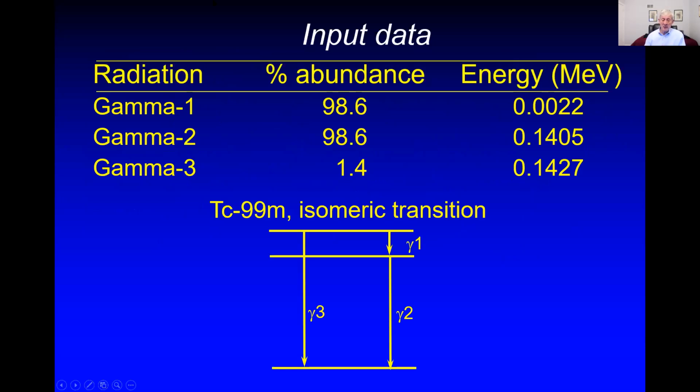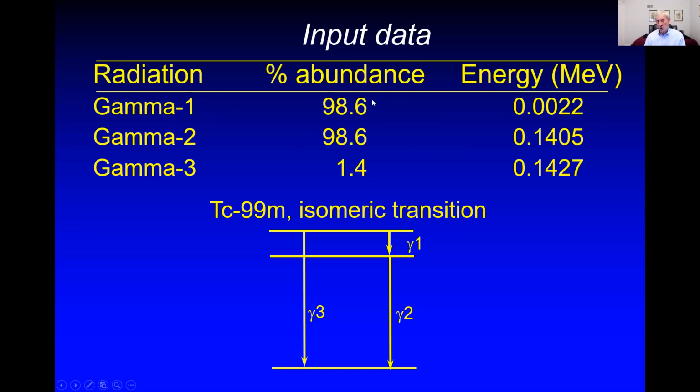Now you can see that technetium has a very simple decay scheme. There are 3 gammas. This is the highly excited state, this top line. Gamma 1 drops from the highly excited state to an intermediate excited state. And then it stops for a brief microsecond or so, and then it proceeds to ground with gamma 2. Now let's look at the numbers.